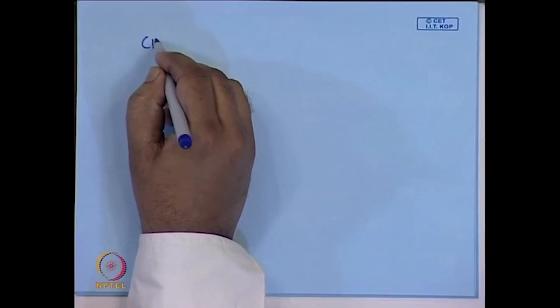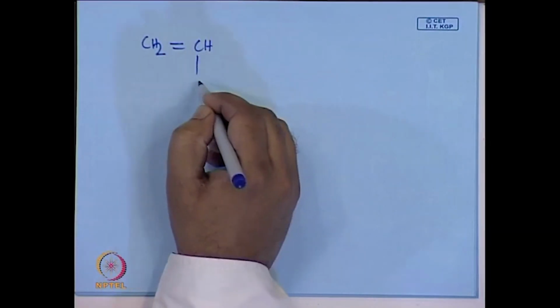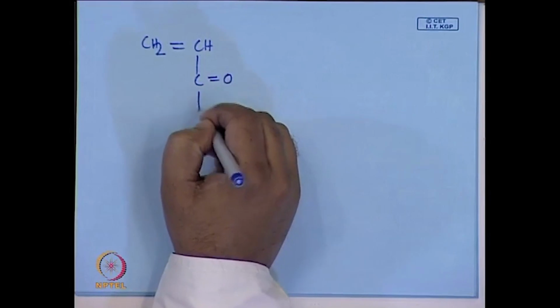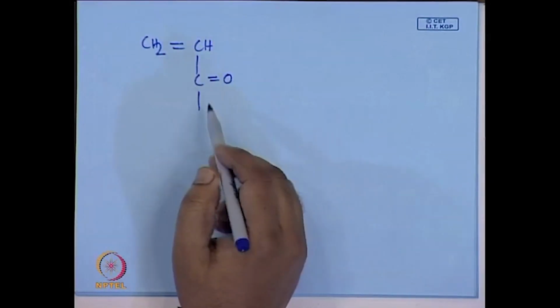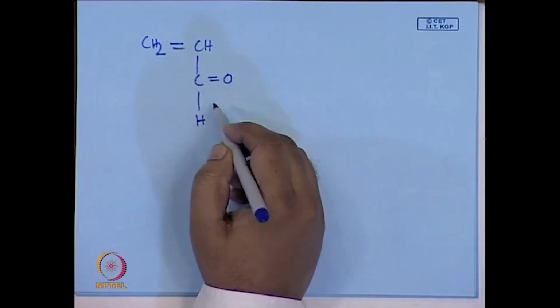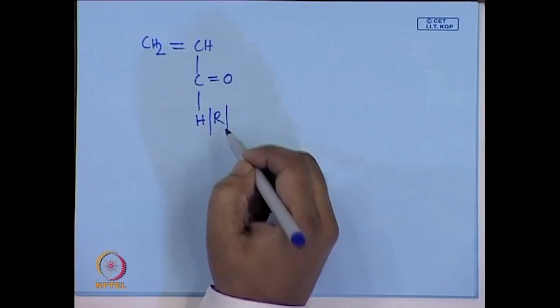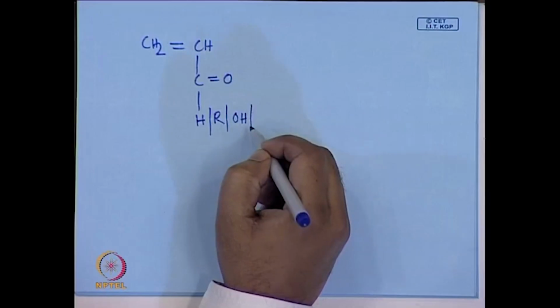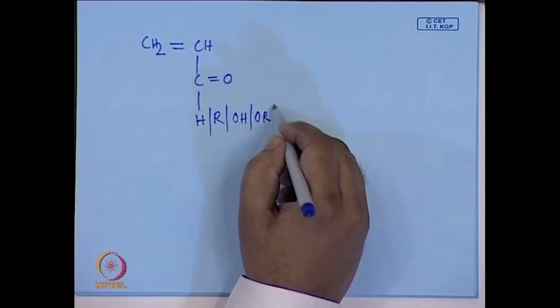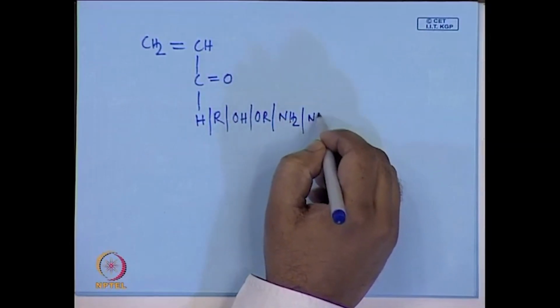We will take some other example. For example, we have a monomer like this. The substitution could be an aldehyde group, or say a ketone, or an acid, or an ester, or an amide, like this.